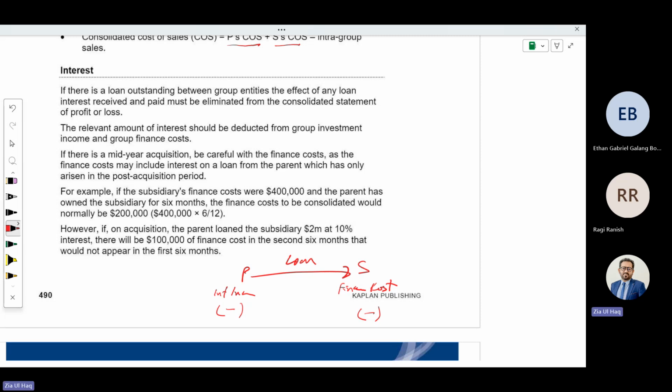So while adding both interest incomes, we will deduct interest relating to intergroup loans. And from finance cost, we will add both, but any interest relating to the intergroup loan we will deduct from finance cost. Can you understand this? If the loan was provided during the year, we need to apportion according to the month.